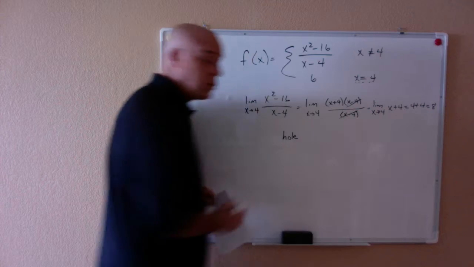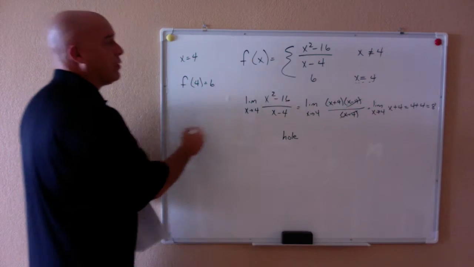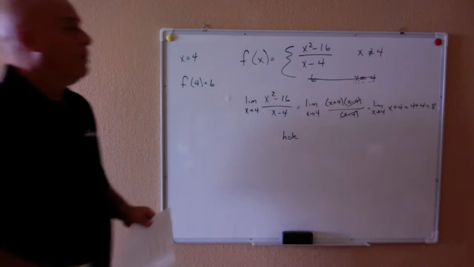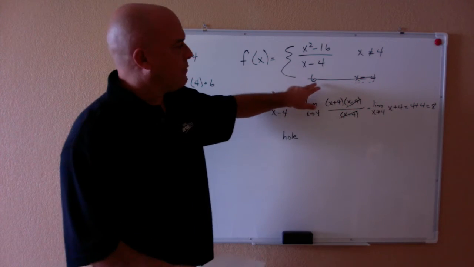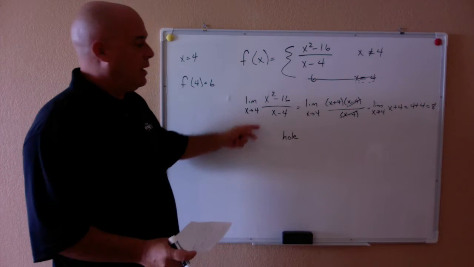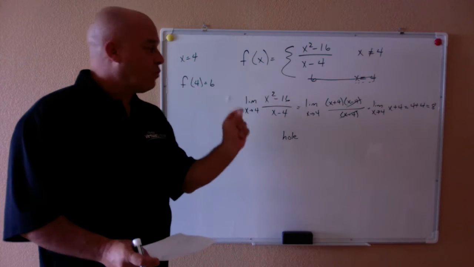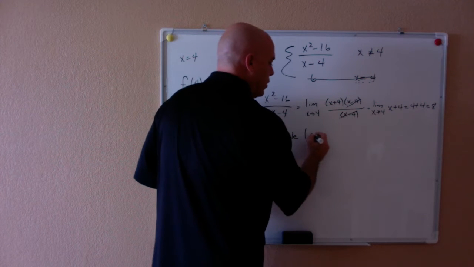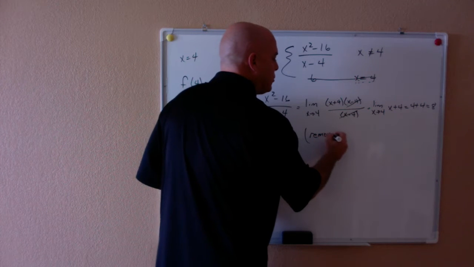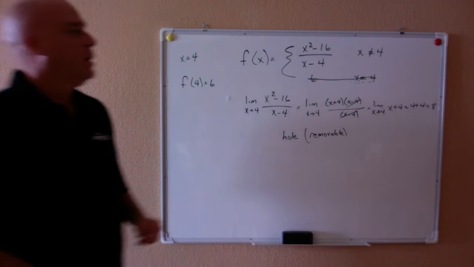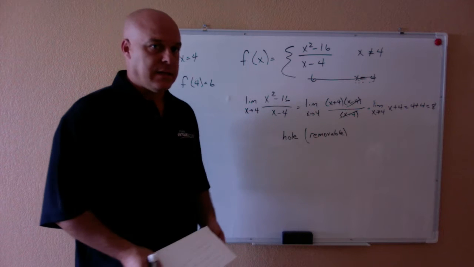And actually, this is going to be a hole regardless of whether or not we have this piece of information right here. Because even if the function was completely undefined there, when I graph this thing, it's going to have a hole in the graph right at x equals 4. This is a removable discontinuity because I'm able to algebraically remove the problem area and make this look like a continuous function.